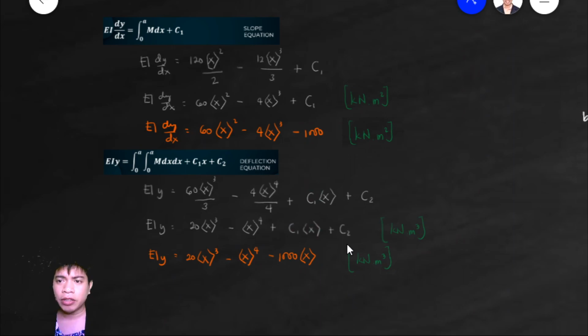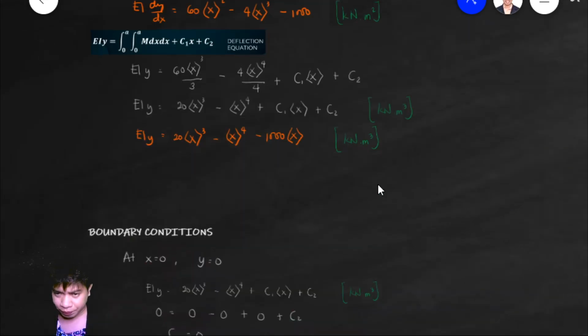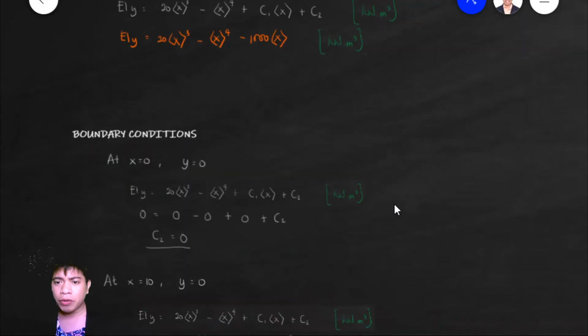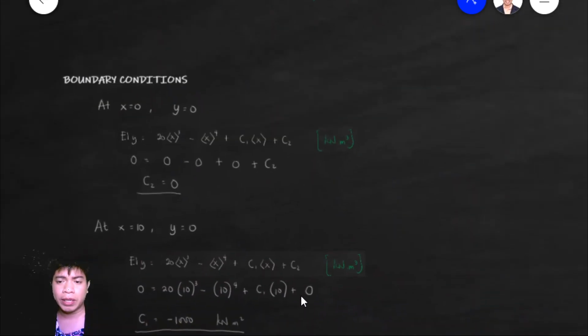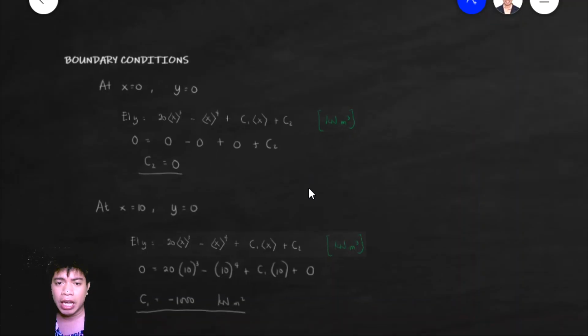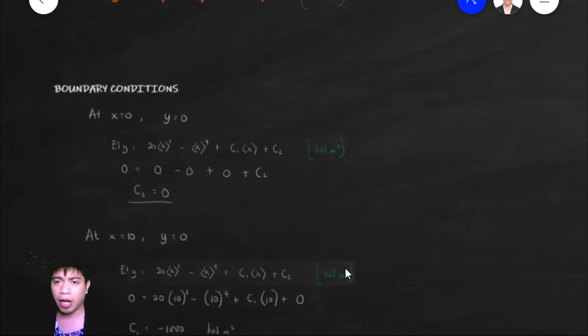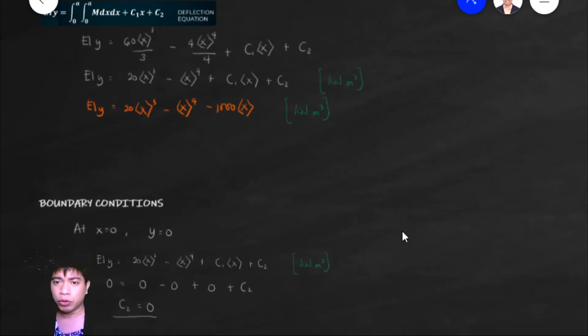And then after that, syempre unknown pa si C1 at saka si C2, then gumamit tayo ng boundary conditions para ma-solve si C1 at saka si C2. So ito na nga yung nangyari sa ating solution.